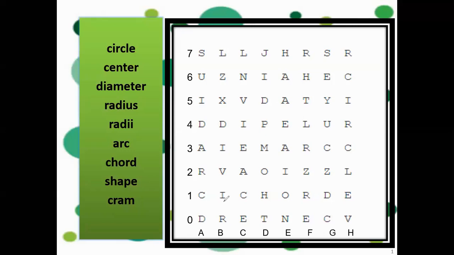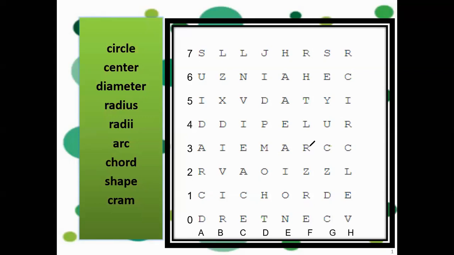To find crown, it begins at G3. Does everyone see G3? Crown begins at G3 and ends at D3. Can everyone see that?